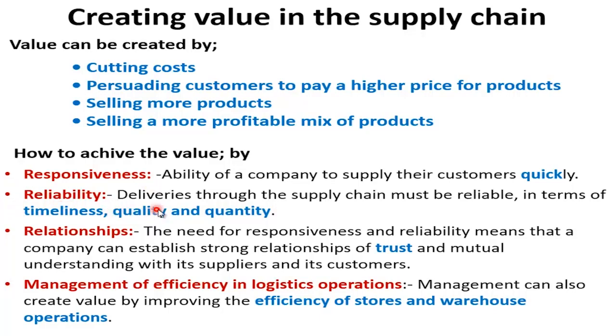Reliability. Deliveries through the supply chain must be reliable in terms of timeliness, quality and quantity. The reliable supply chain should be there, with timeliness, quality product, and quantity. Sometimes some quantity cannot be transported within a certain time period because of the quantity.